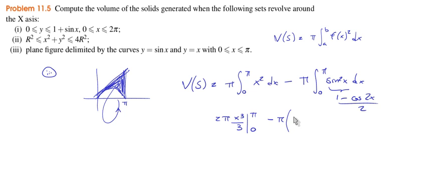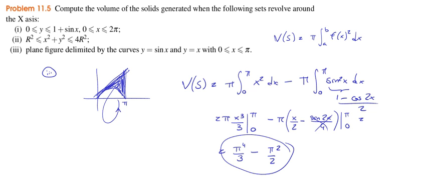So this is x over 2 minus the sine of 2x over 4 between pi and 0. Now this is pi to the 4 power over 3 minus pi squared over 2. At 0 this is 0, and the sine of 2 pi is 0, the sine of 0 is 0, so this thing is 0. Okay, this is the value of the integral.